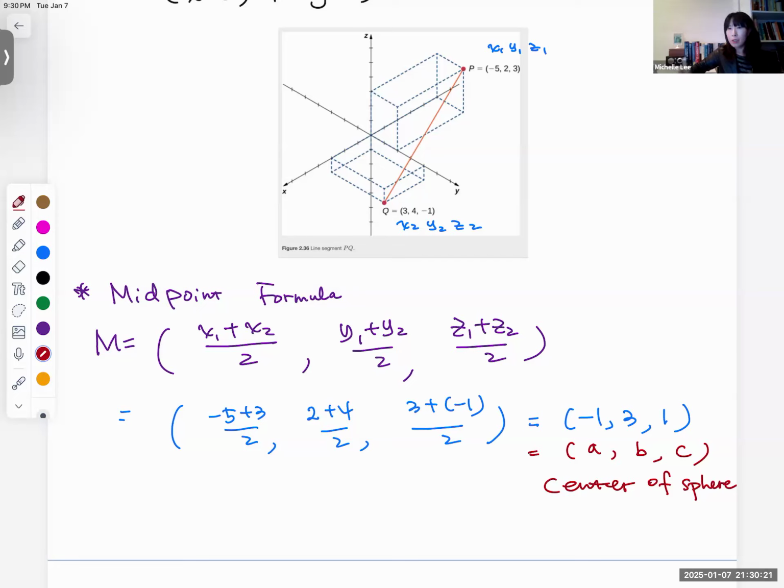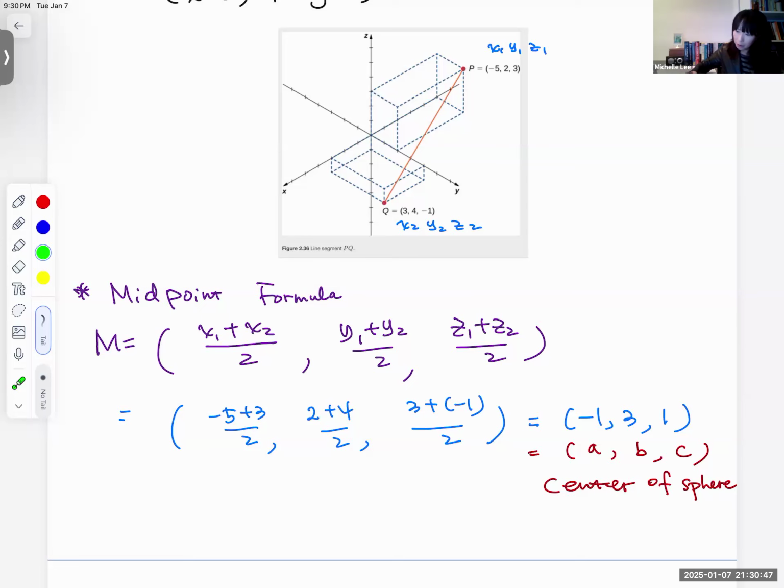Okay, now we need to find R. So this is a diameter, right? Then we want to find the distance of the diameter, and then we divide by 2. That will be the radius. Okay, let's do it.